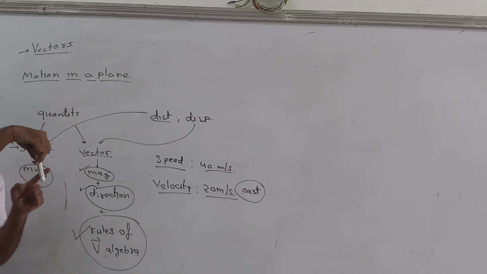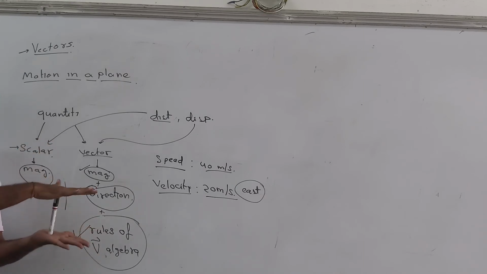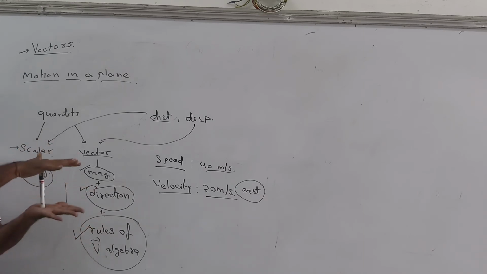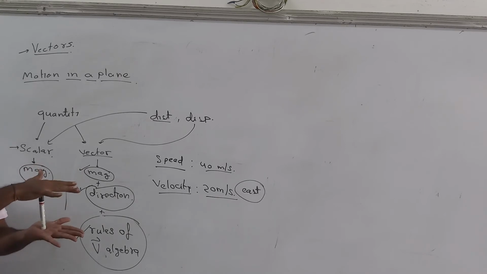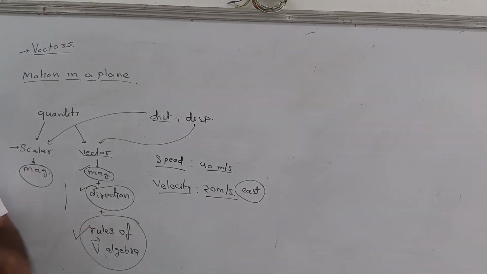Pressure on this marker from my bottom hand is in the upward direction. This is pressure. So pressure has a direction. That means pressure must be a vector quantity. But again, it is not a vector quantity because pressure also does not follow the rules of vector algebra.